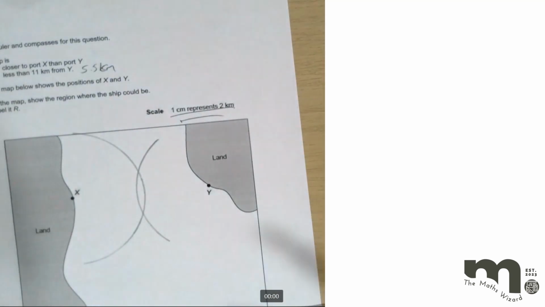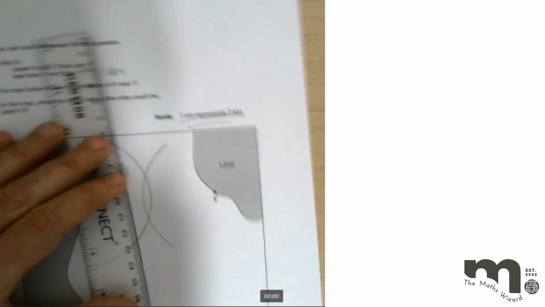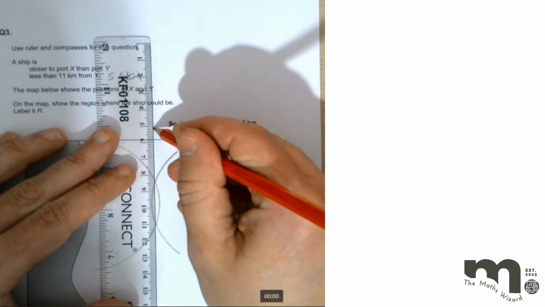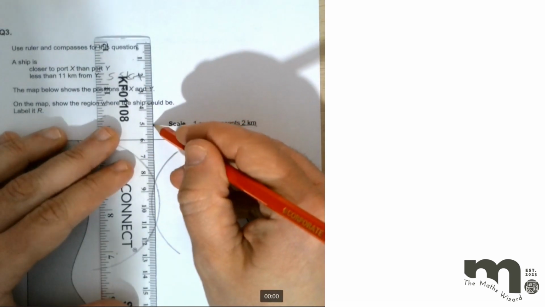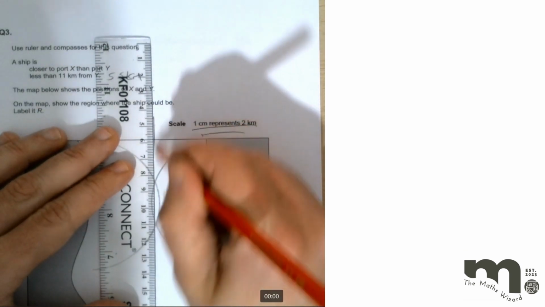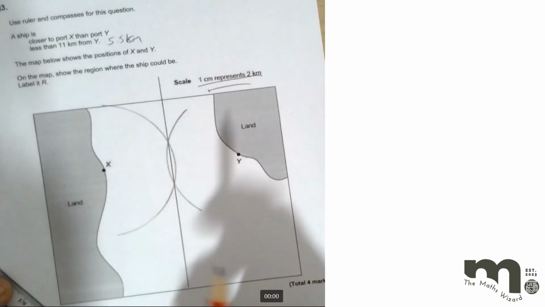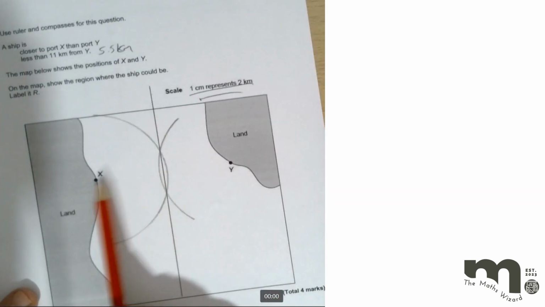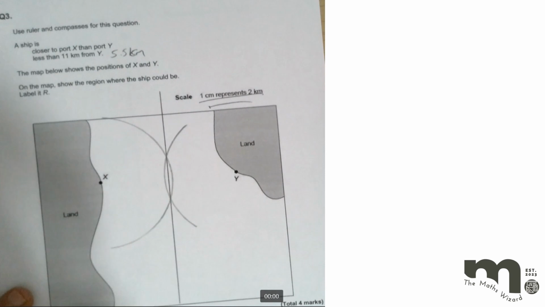So everything along this line is basically the halfway point between X and Y. So everything to the left is closer to X.